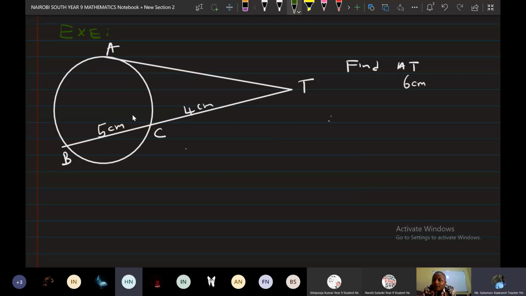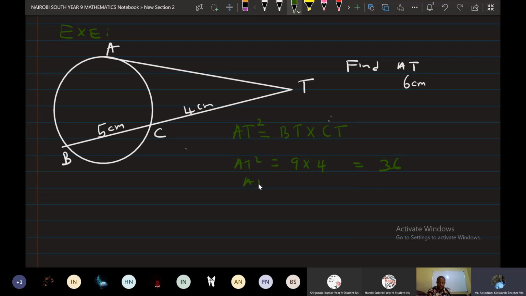Okay, so I think we can summarize quickly. We say that for AT with a tangent, you take the whole of this, which is BT, times CT. No, AT squared rather. Now we don't have AT, so you can retain it like that. AT squared equals the whole of this length, which is 9, multiplied by the one outside, which is 4, which is going to be 36.